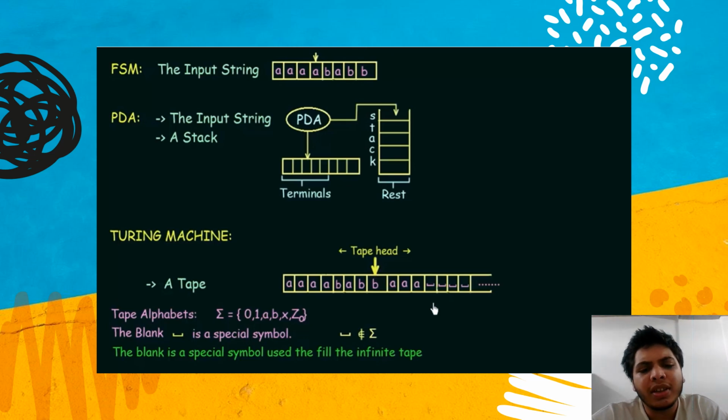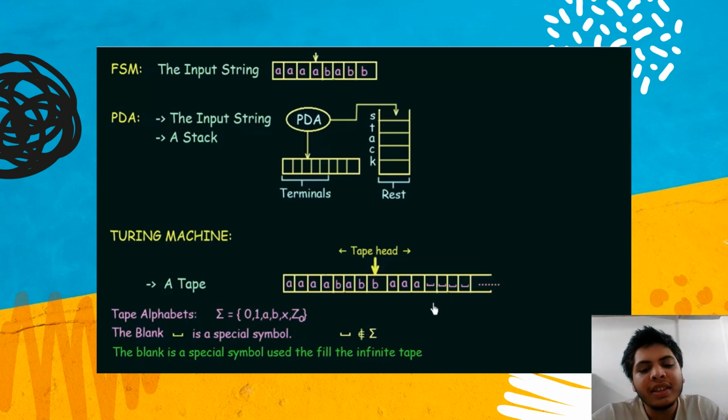It is just a special symbol that we use to fill the infinite tape. As we are having an infinite tape, the empty cells are filled with these special symbols known as the blank symbol, represented by this. So this is the basic data structure that we have in our Turing machine.